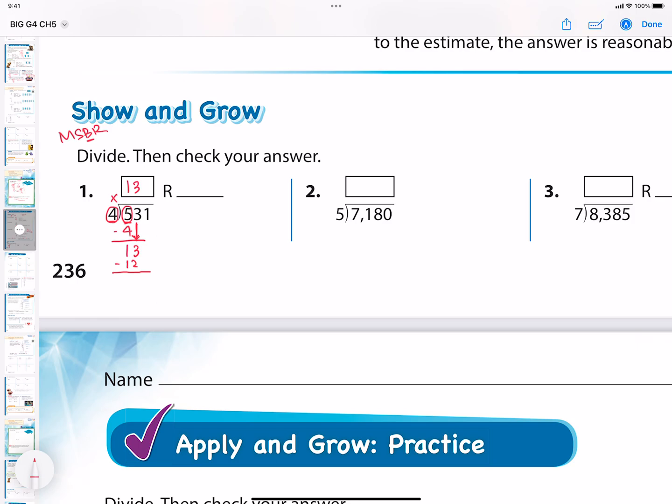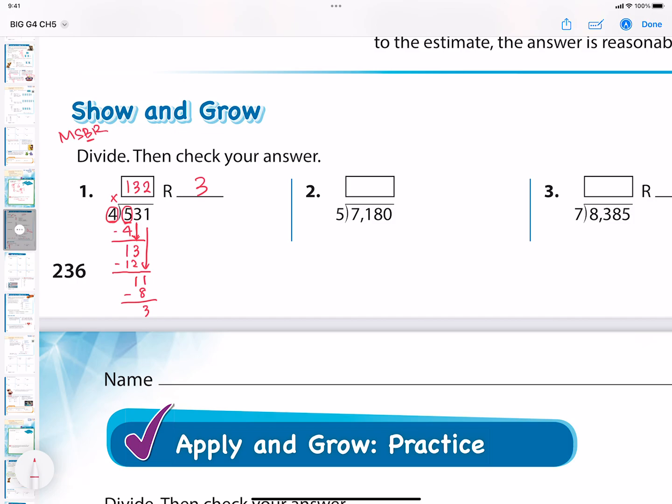Subtract, and then bring it down, which is 1, and carry this 1 down. 4 can fit into 11 by only 2, because we know 4 times 3 is 12, which is greater than 11. We don't have 12 cookies, right? You have only 11 cookies to divide. So now 4 times 2 is what? 8. Subtract again. 11 take away 8 is 3. 3 is less than the divisor, which is 4 in here. So that can be the remainder.